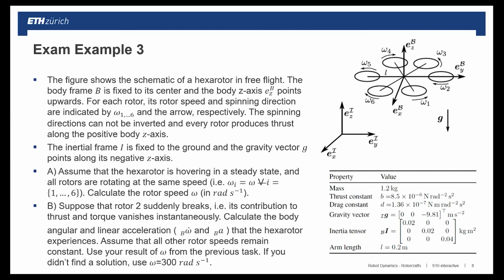So in general, you don't have a rotation around the z-axis which is generated. Now we have also the inertia given for this system, which you can see here, which is typically equal around x and y axis, but it can be different around the z axis. As you can see here in this example, we have the arm length, which is the length of the arm where the propeller is.